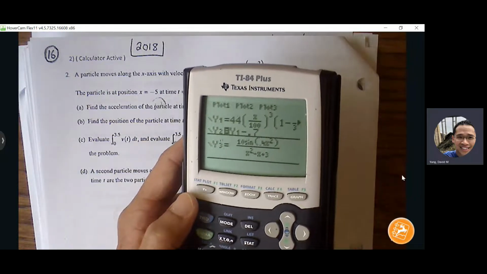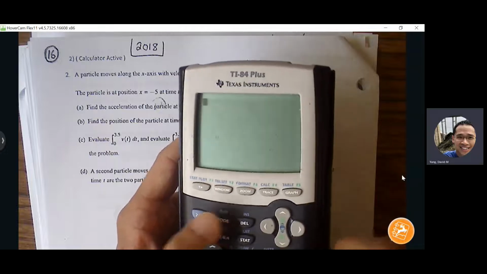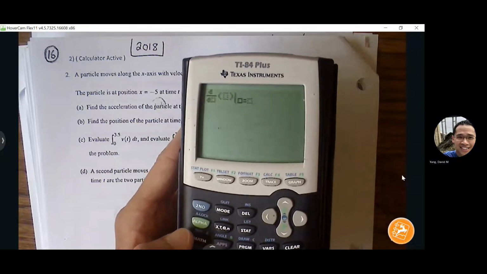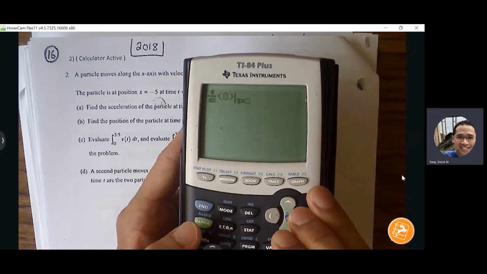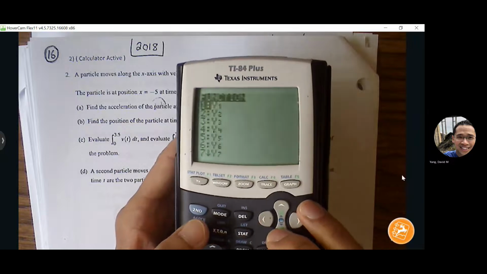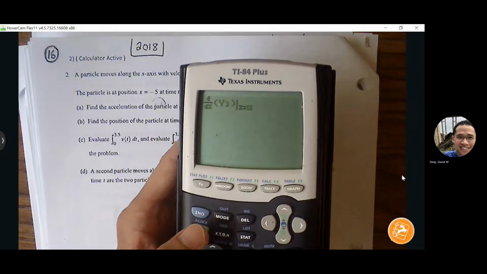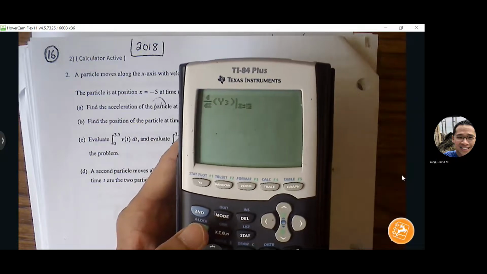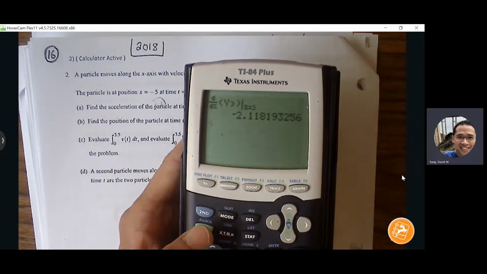That's my velocity function. I want to work my way towards my acceleration. So I'll just do math 8, make the calculator find the acceleration at a moment in time. Negative 2.118.